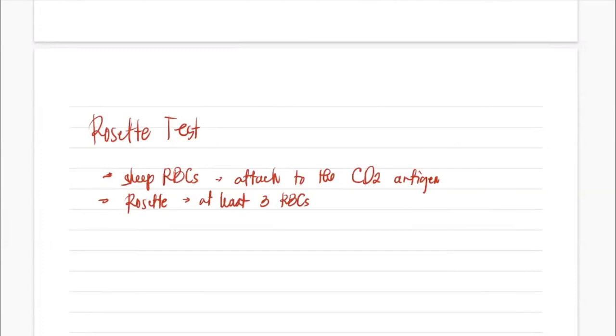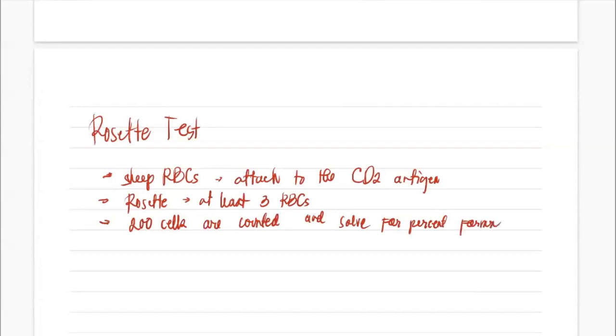So what you will do here is count 200 cells, and you solve for the percent forming rosettes.